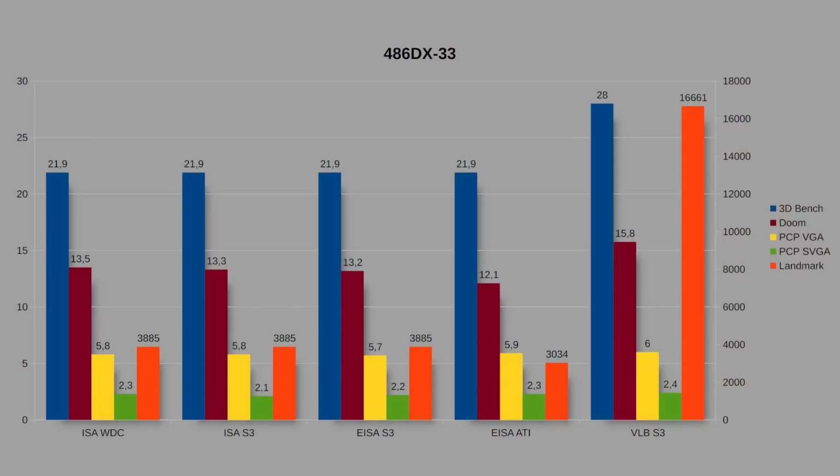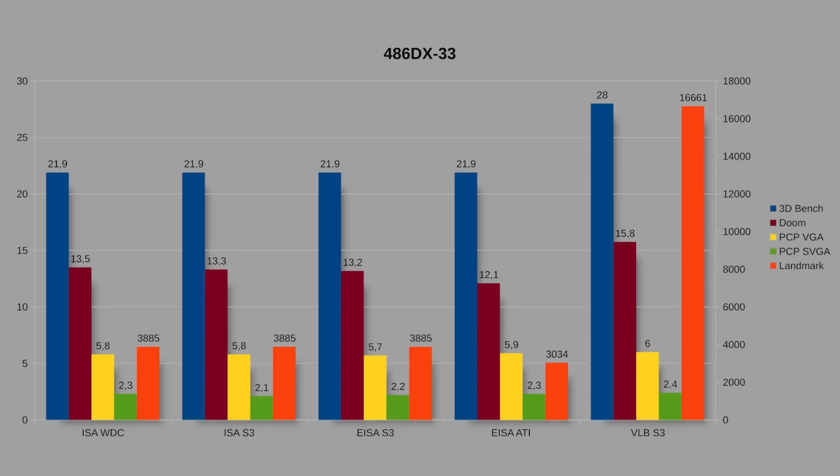3D Bench finished with the same results on all ISA and EISA cards, with 21.9 points. With VLB, the benchmark was massively, 30% faster, and did 28 points. In Landmark, the ISA WDC as well as the S3 ELSA in both ISA and EISA modes made 3,885 characters per millisecond.